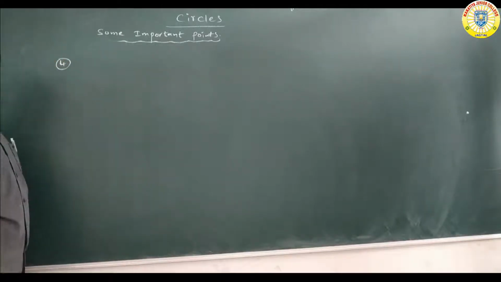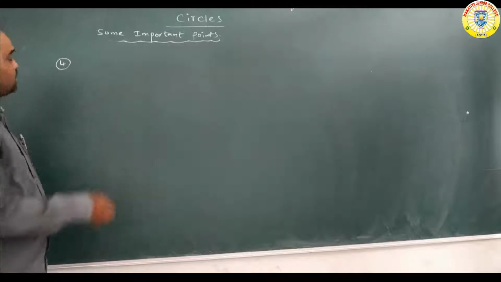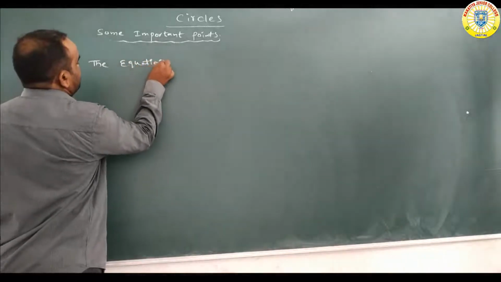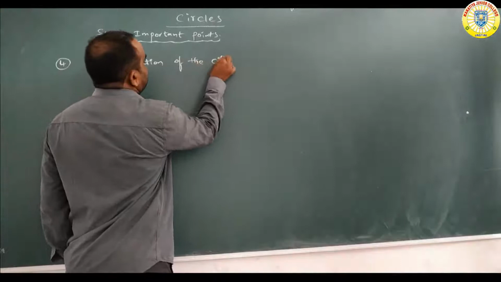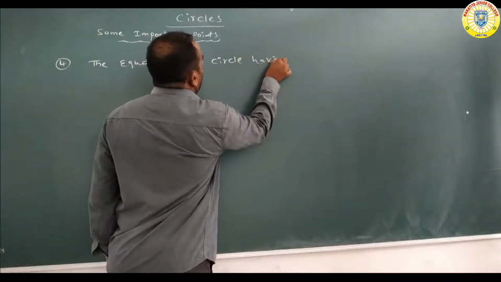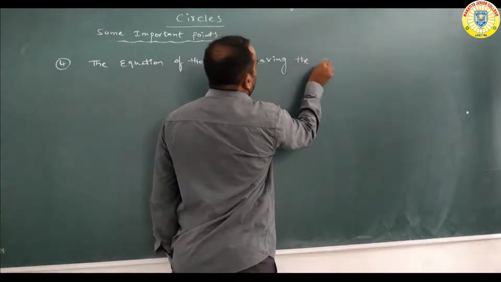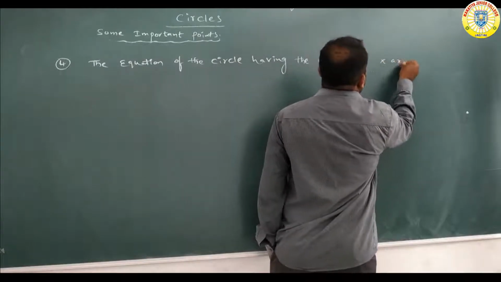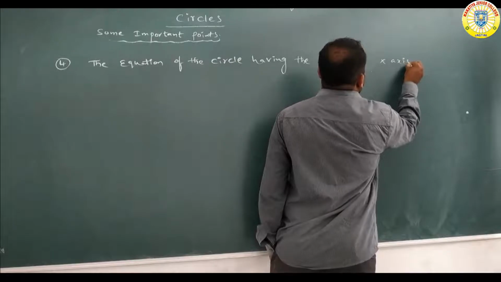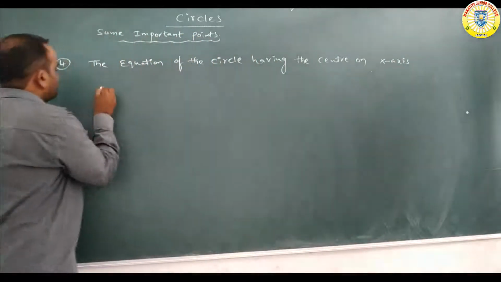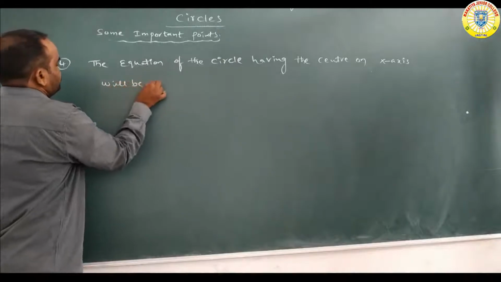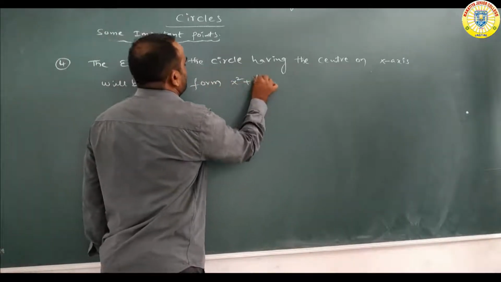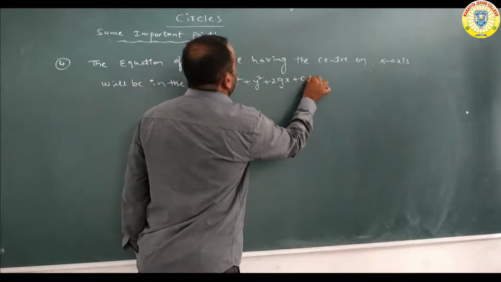Fourth one. Next, fourth important point. So see here, the equation of the circle having the center on x-axis will be in the form x square plus y square plus 2gx plus c is equal to 0.